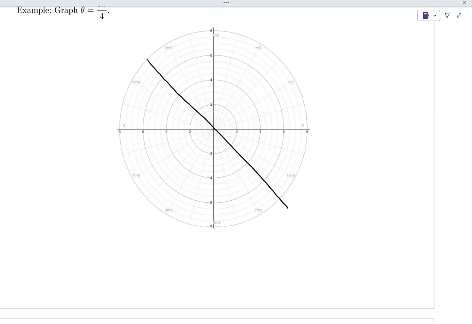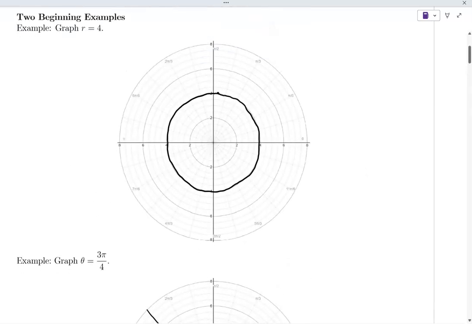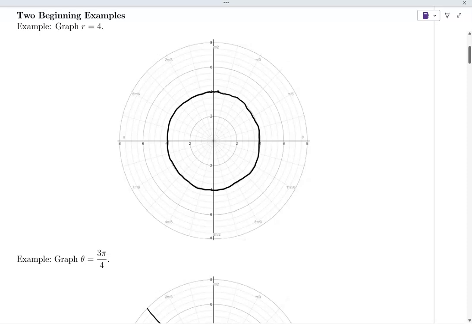These are the analogs in polar coordinates to horizontal and vertical lines. In particular, the first one, back up here, is your analog of a horizontal line. I know it doesn't look very horizontal, but it is.